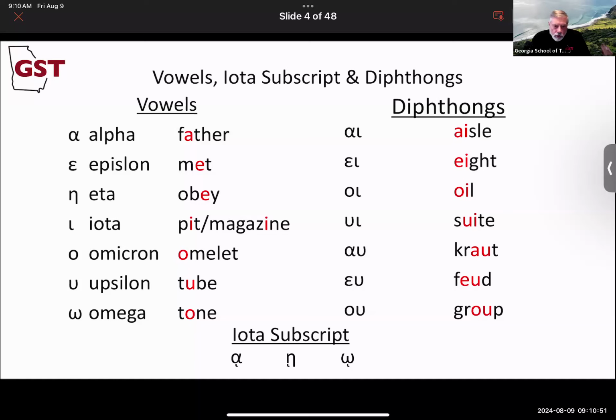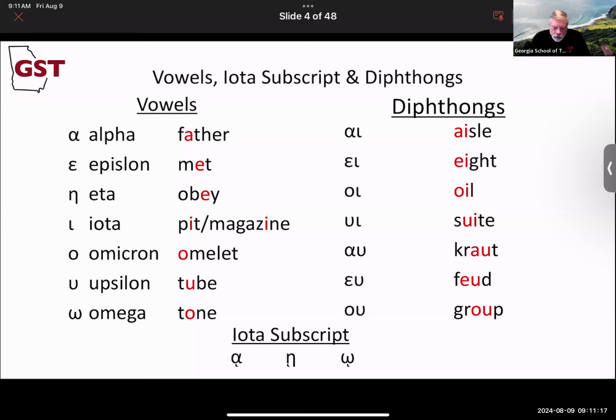And the fact that they do change, that's what you're going to want to recognize because they will change. So the short vowels are the epsilon and the omicron. The long vowels are the eta and the omega. So the alpha, the iota, and the upsilon would be changeable from short to long or long to short. Okay, they can lengthen or reduce.